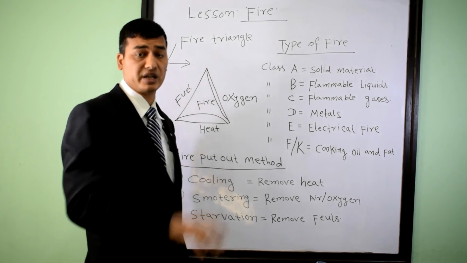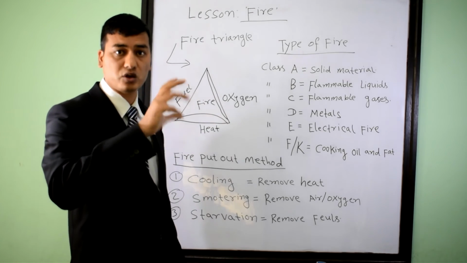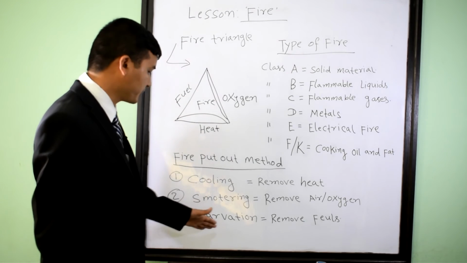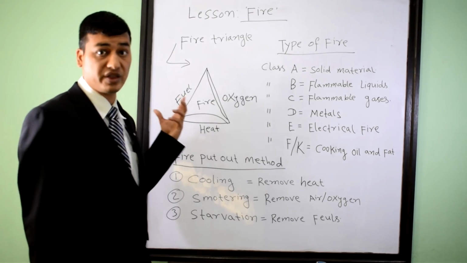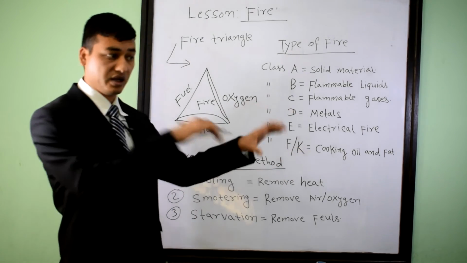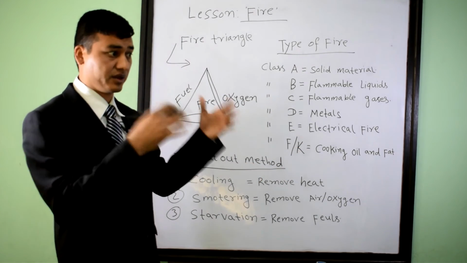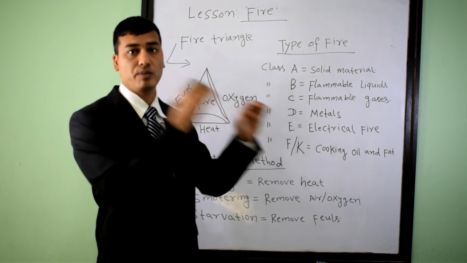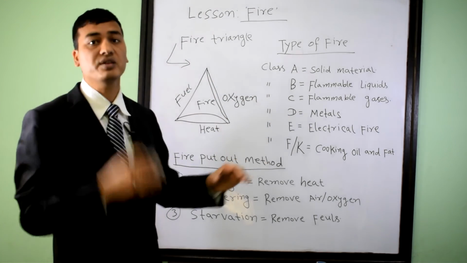Take a gas fire: we can switch off the gas valve or turn off the gas line. It is also starvation, removing the fuel. If there is a fire in an oil tank, the fire department can pump the oil out of the tank.